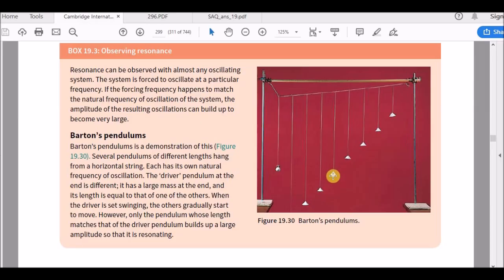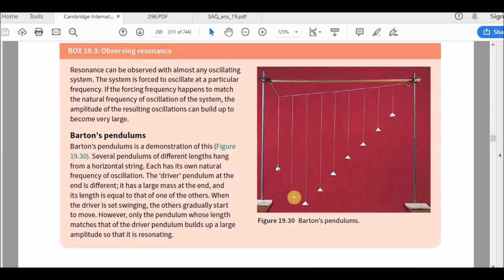Now you know that when the natural frequency is equal to the driving frequency, it will oscillate with maximum amplitude. So you will notice that this one here, because it has the same length as this one, will oscillate with maximum amplitude.